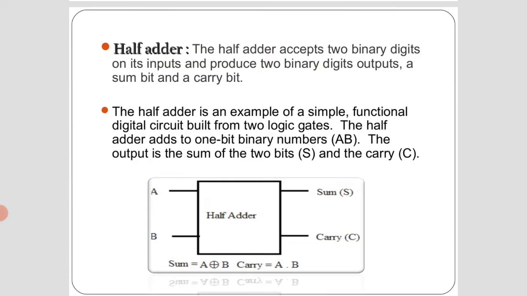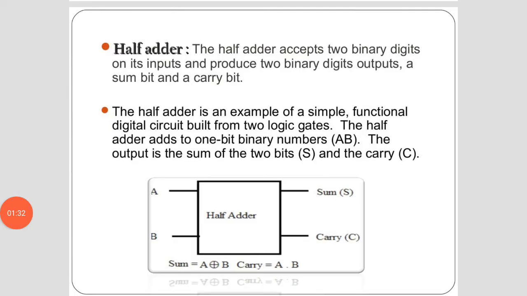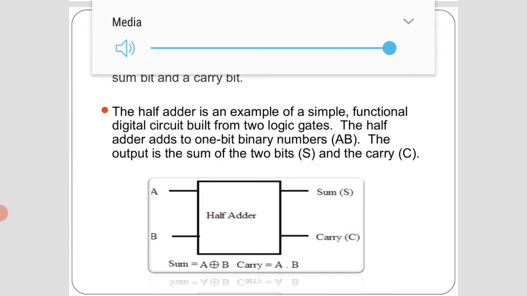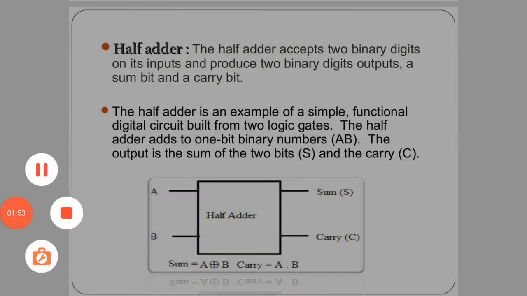The half adder adds two one-bit binary numbers A and B. The output is the sum of the two bits, S, and carry, C. Half adder has two inputs, A and B. Output of half adder is sum and carry. Sum is denoted by S and carry is denoted by C. Sum is A XOR B. Carry is A into B.